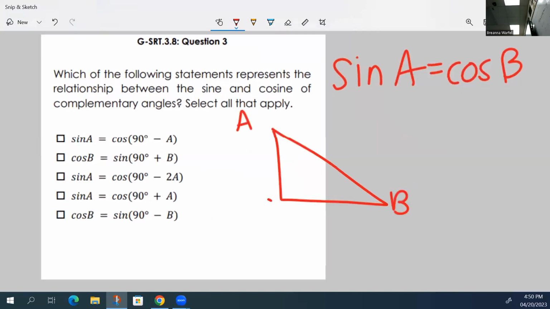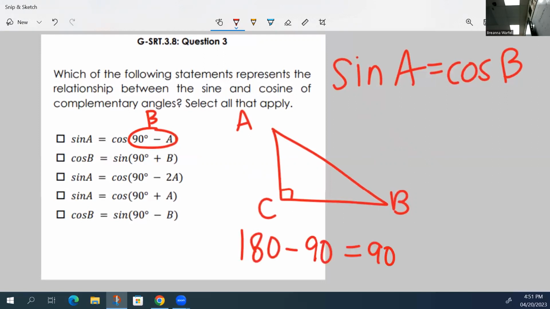This 90 minus A, well, they're really talking about B, and I'm going to show you why. If you start with a triangle, you start with 180. If you subtract this right angle, you're automatically left with 90 in all triangles. And when they subtract A, that means they're taking out this angle, and you're left with B.